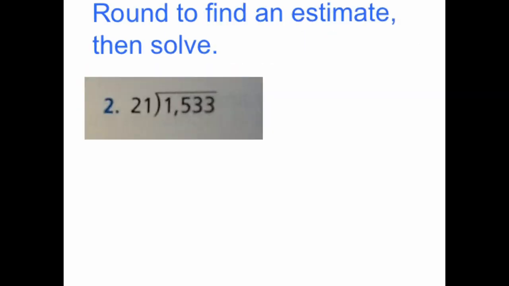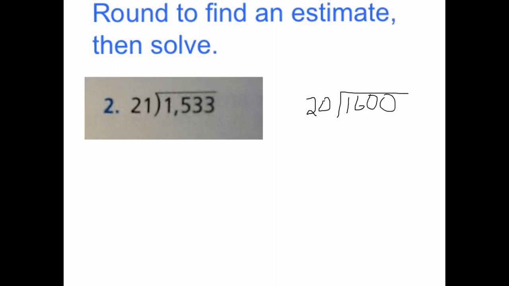All right, we're going to use rounding and more compatible numbers here to try to figure out what number I should use. If I look at 21, I know that's close to 20. And if I look at 1,533, even though that's not exact rounding, I know that's 1,600.